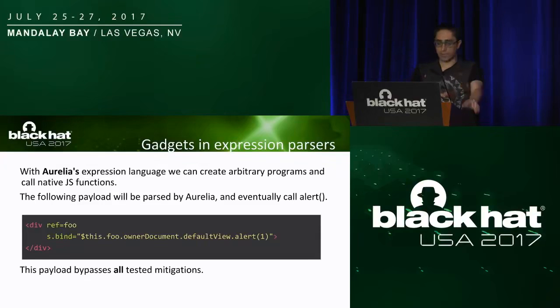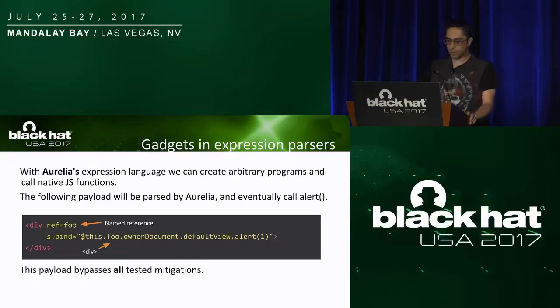Let's see what's happening. So first of all, we create a named reference to this div element. We name it simply foo, such that we can refer to it later on. Then you can observe that we try to bind to something. This means that we instruct Aurelia to pass the value of this attribute as this custom expression.